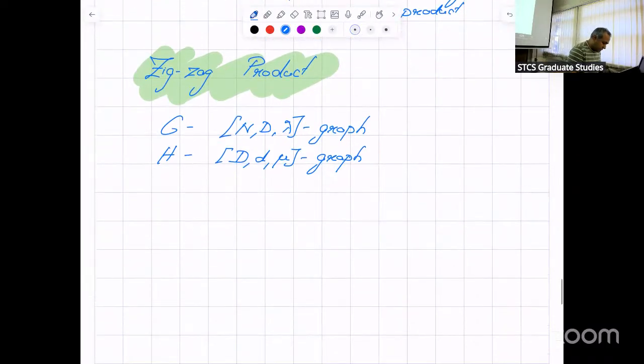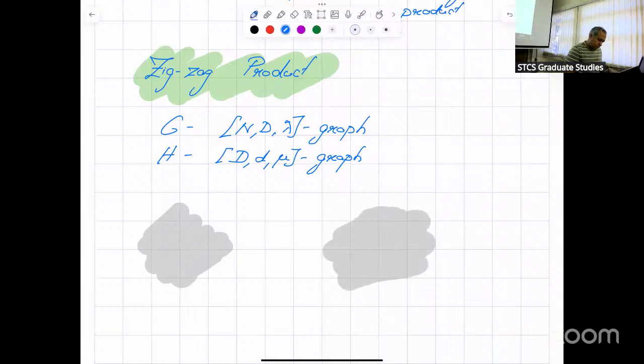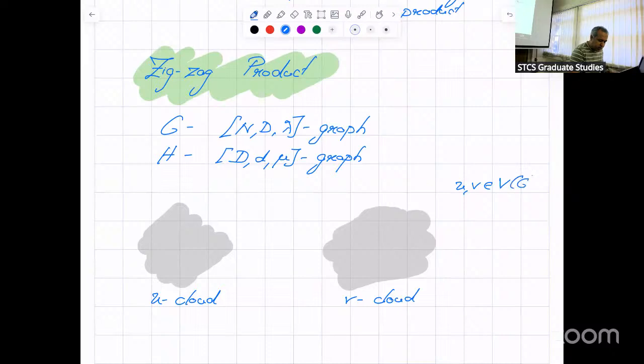So let's talk about zigzag. There is the U cloud, and then there's the V cloud. U and V are two vertices of V(G), and U is connected to V in G. Think of it that way.